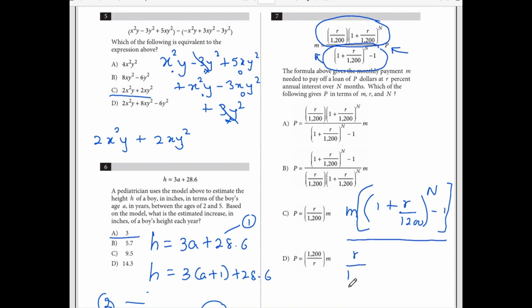R divided by 1200 into 1 plus R divided by 1200 to the power n. Then this is P. Then the answer should be B.